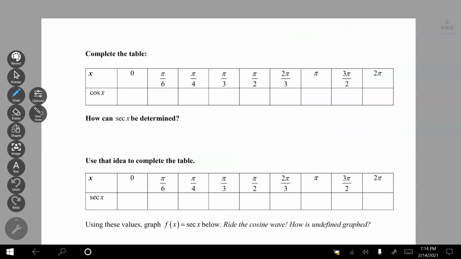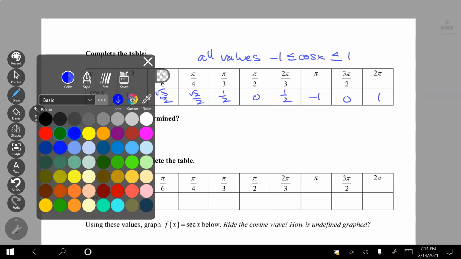Well, let's do the same thing with cosine. So all these values for cosine of an angle are between -1 and 1, and we get these values from our unit circle that we've done before. Those are the cosine values.